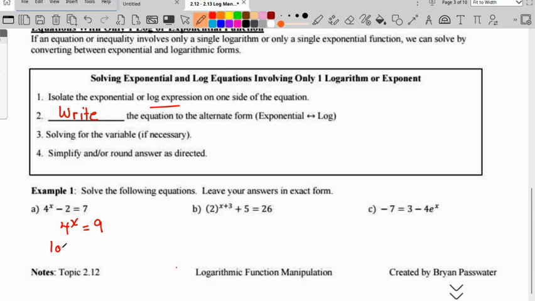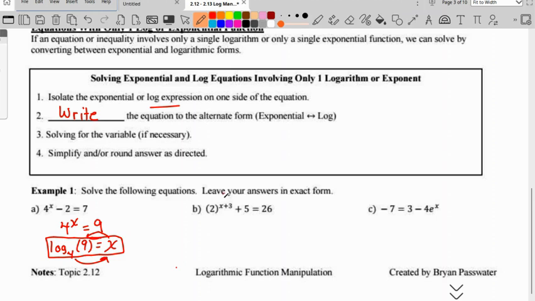Log base 4 of 9. Beautiful. Most of you will be comfortable just going straight to it, but that is exactly right, because 4 to the x equals 9. There's that disco dancing to check yourself. We didn't have to solve any further because that already had x solved for. That's why it said if necessary.